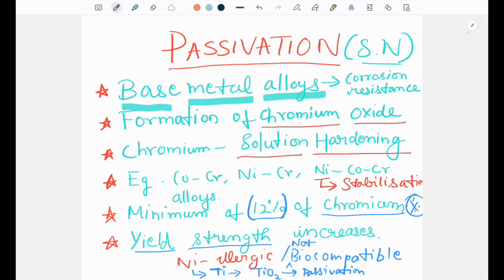Whenever the alloy is within the proportional limit, under a tension, if I am giving a force on the alloy, there is a tension created, and if it's within the proportional limit, it's under the elastic region, so it comes to its normal position. When the tension is released, there are no changes in it.